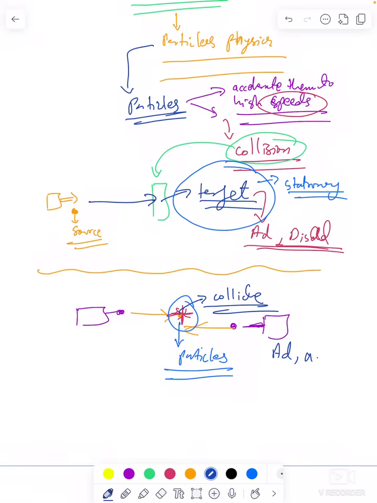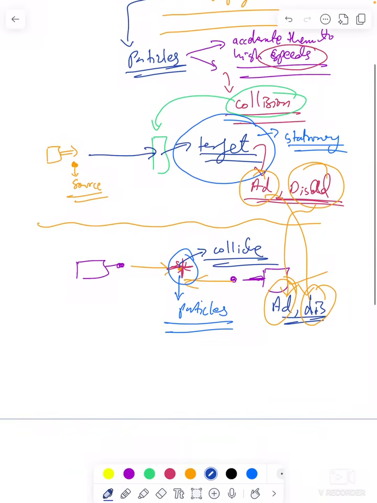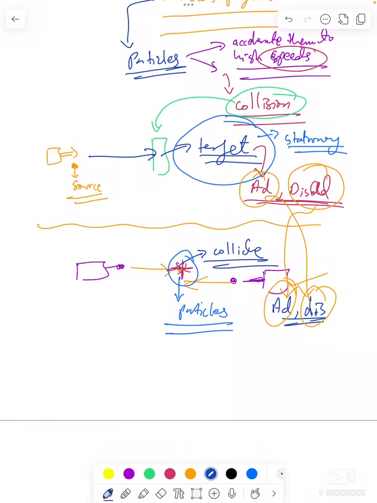We can say the advantages and disadvantages of both are vice versa. The advantage here is a disadvantage over there, and the advantage for the stationary one is a disadvantage for the non-stationary, where both particles collide with a certain momentum.